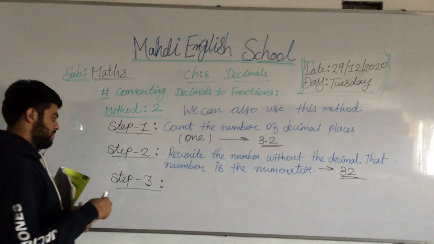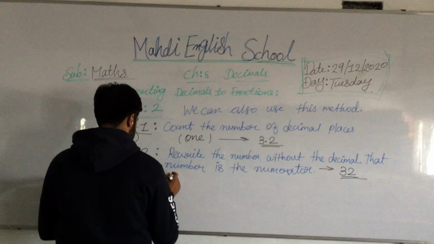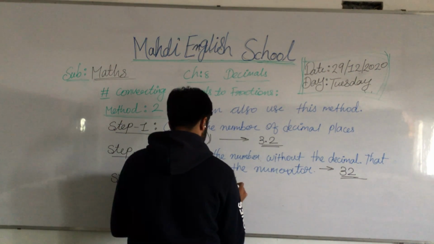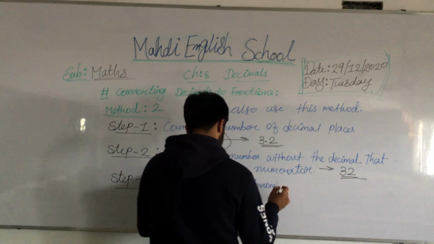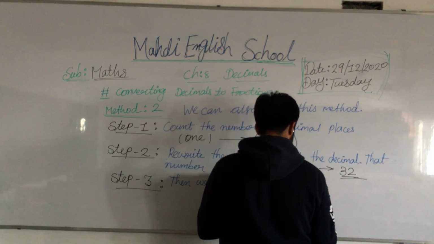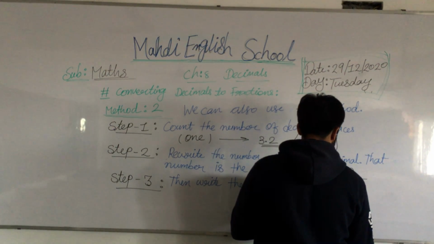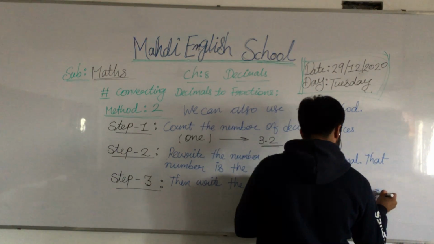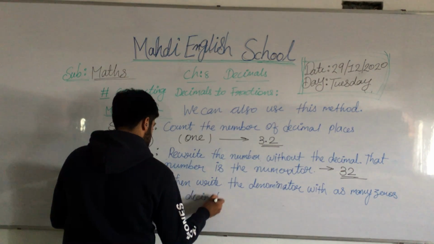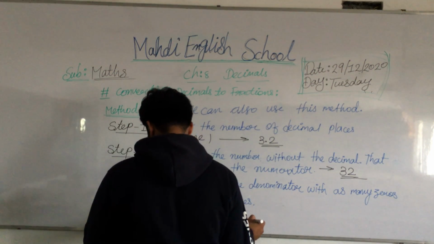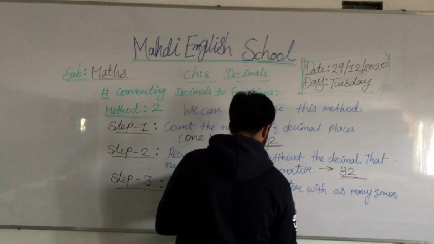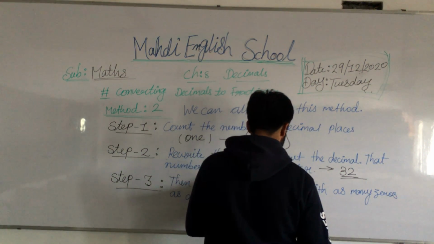Then write the denominator with as many zeros as decimal places. Now here is the example: 32 upon 10. And now the answer. What should be your answer? The answer is what?